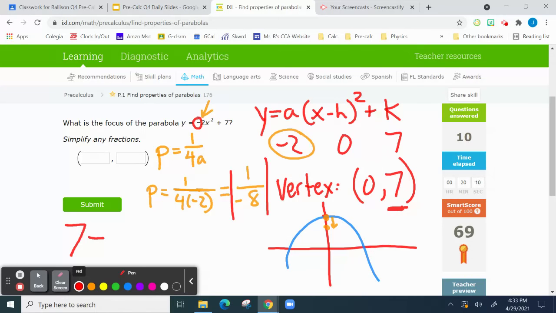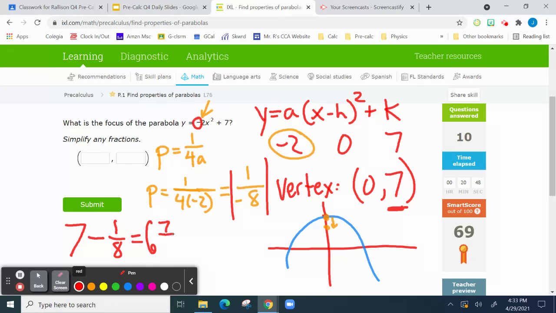But I don't want you to focus on that negative, because if I say 7 minus p, it would be 7 plus negative p if it's opening down. But just think visually about the distance. So it's going to be 7 minus 1/8 for the y component. The x component is going to be 0 because the x component of the focus and the vertex is the same. So it's going to be 7 minus 1/8, which is going to be what?